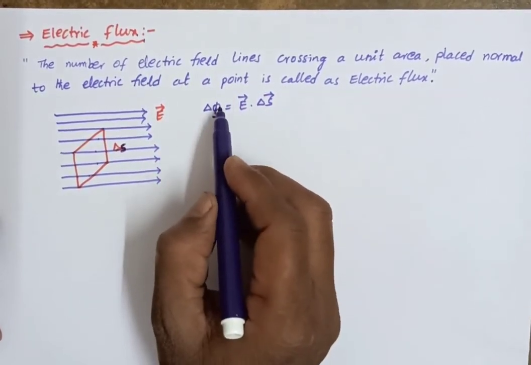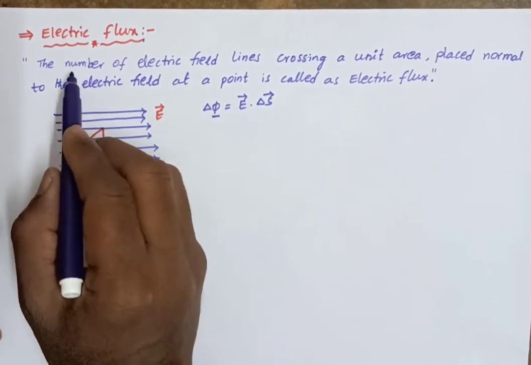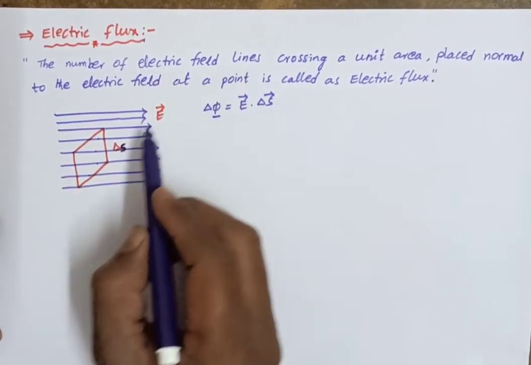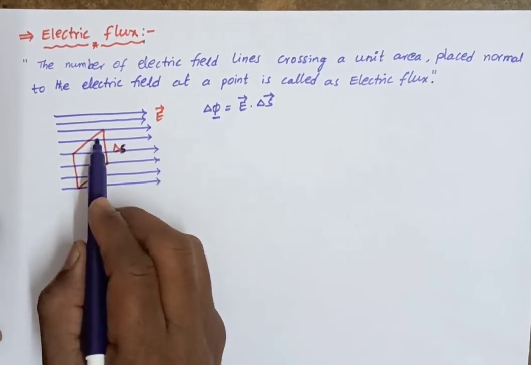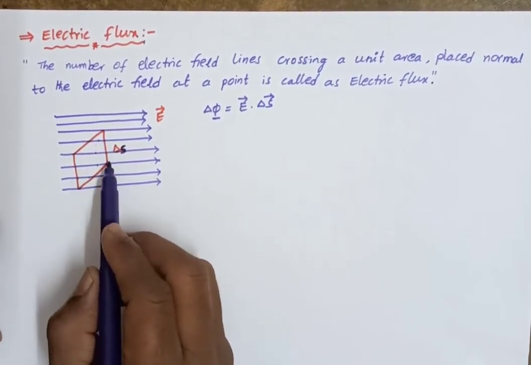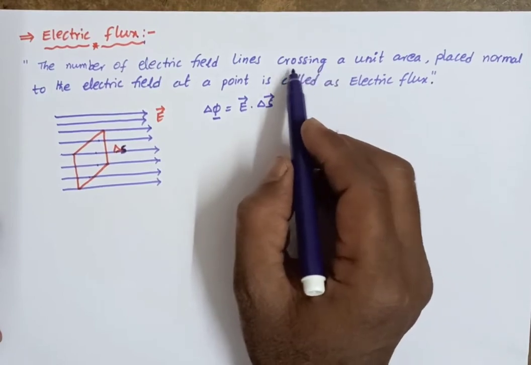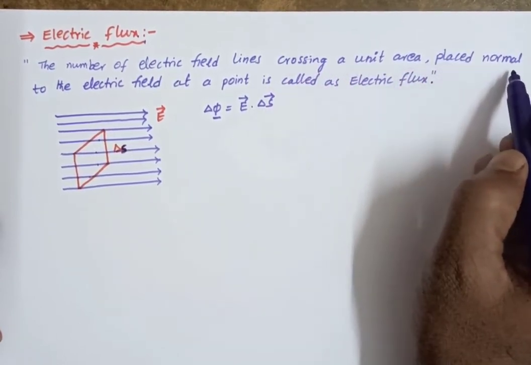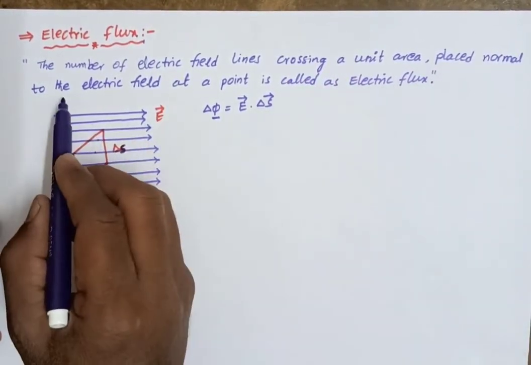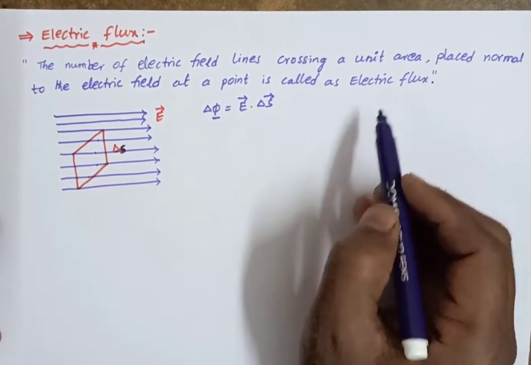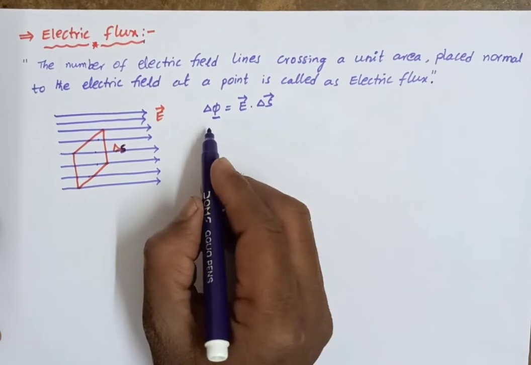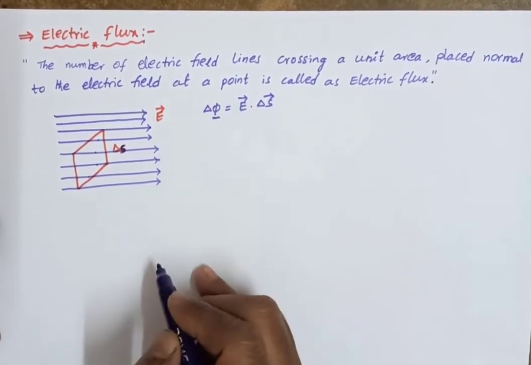Electric flux is nothing but the number of electric field lines passing. So these 4 electric field lines crossing a unit area placed normal to the electric field at a point is called the electric flux. This electric flux is denoted with phi.